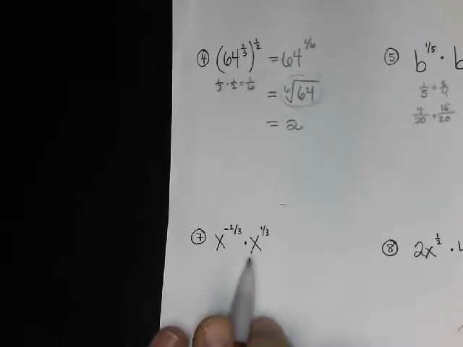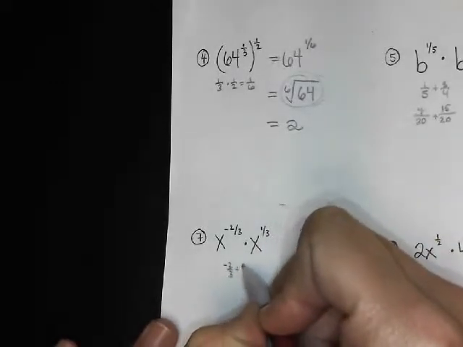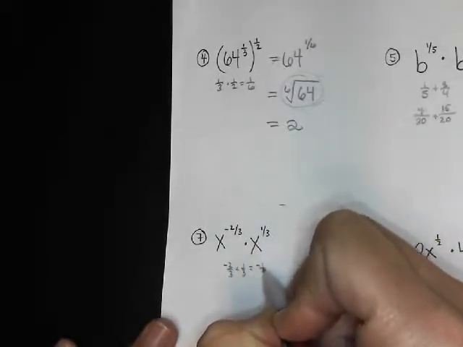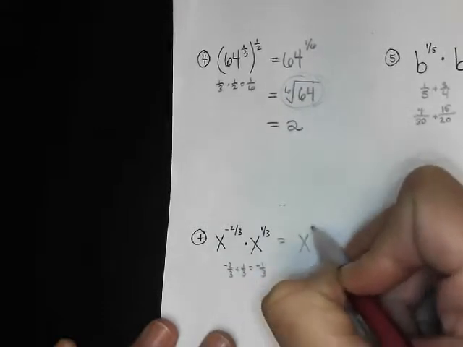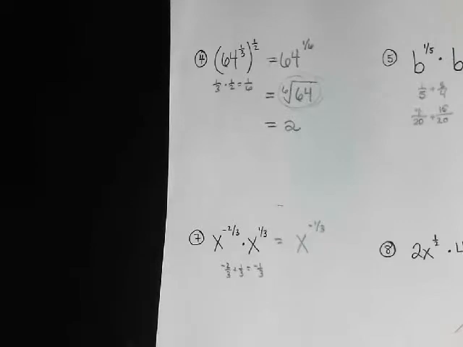Okay, here we get to, again, common bases, add our exponents. So negative 2/3 plus 1/3 is negative 1/3. So this would be x to the negative 1/3. Now the negative exponent rule, which is the only one we did not talk about in class, you cannot leave a negative exponent. You need to move that base either from a numerator to a denominator or from a denominator to a numerator.